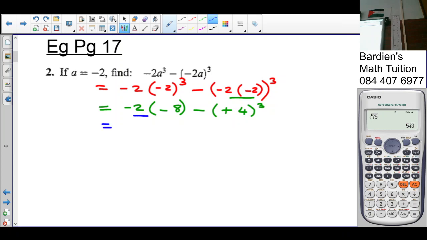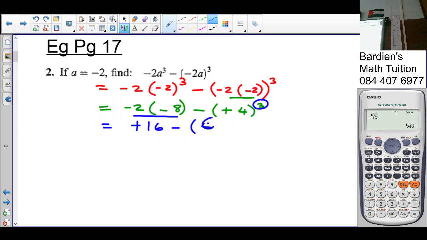So now what you're going to do is you're going to multiply that, and we're going to apply the cube. So what's negative times negative? 2 times 8? 16. So it's negative, open brackets. Positive to even or odd remains positive. Not so? Did I need to write that sign there? No. Even in the previous step, I didn't need to write this positive there, okay? So it's going to be 4 cubed.